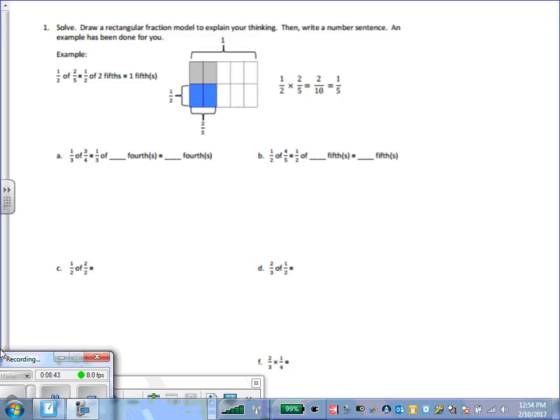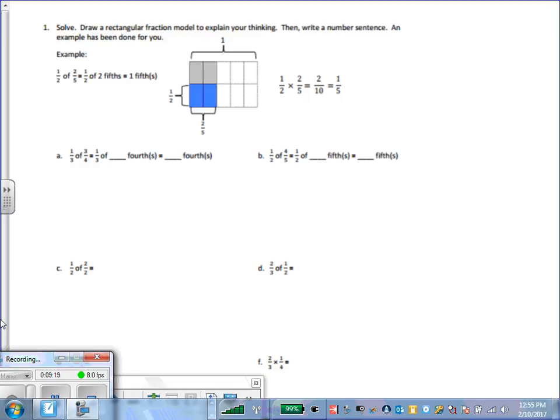This is just like what you did, it's just one step further because it has non-unit fractions, which means that the numerator is not a 1. It says to draw a rectangular fraction model to explain your thinking, then write a number sentence. An example has been done for you.